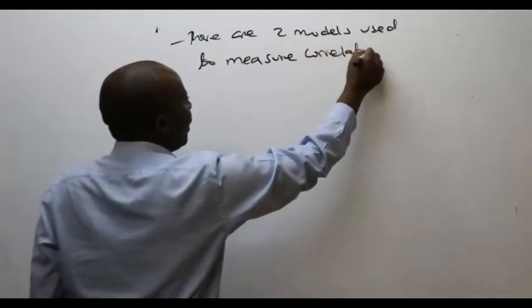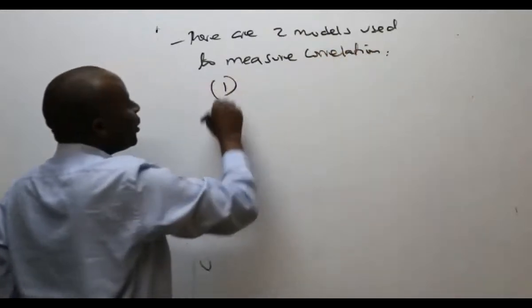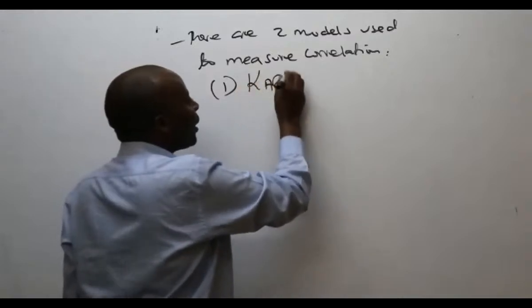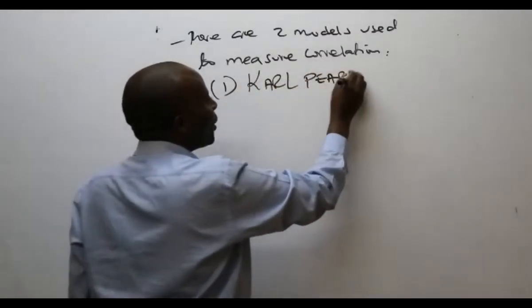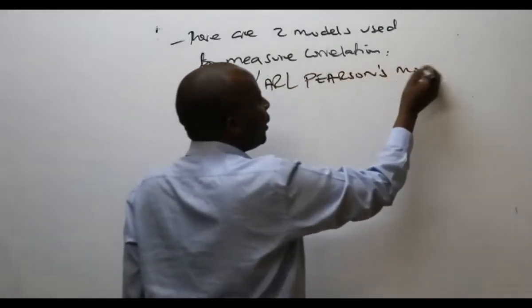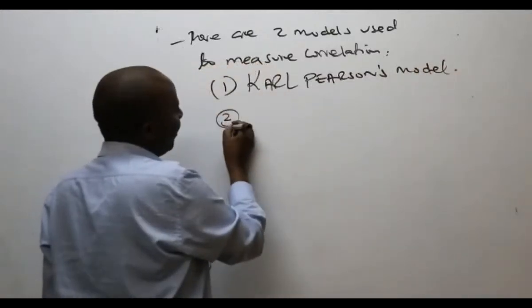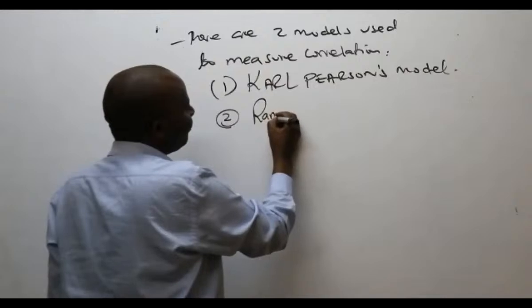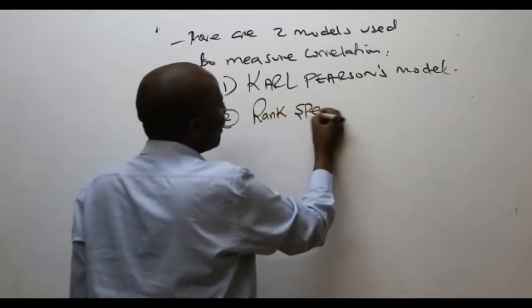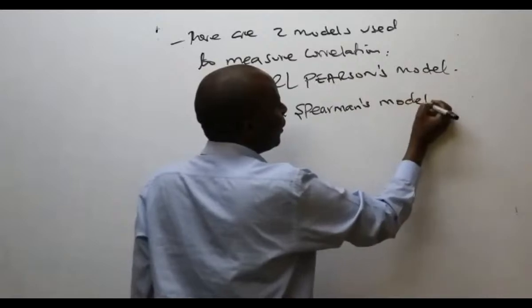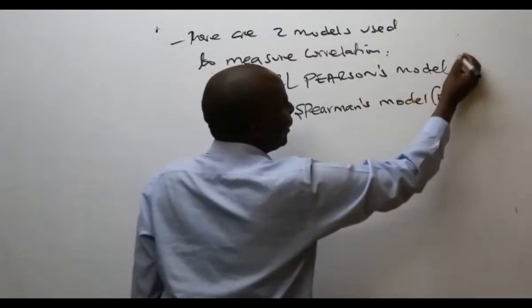Number one, we have what we call the Karl Pearson's model. And then number two, we have the Rank Spearman's model. Both of them are denoted with R.